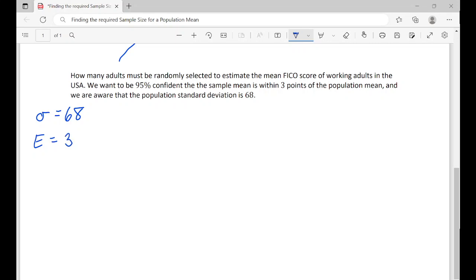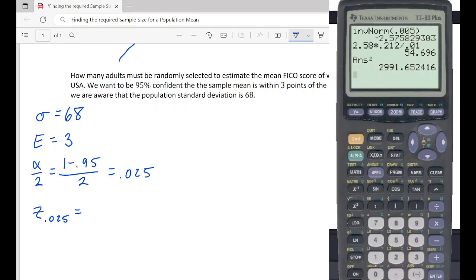And now we got to find our alpha over 2. So alpha over 2 is going to be 1 minus 0.95 divided by 2, which will be 0.025. So we're going to find the critical value corresponding to this. So z sub 0.025. And again, I would like to use a calculator to do the work for me.